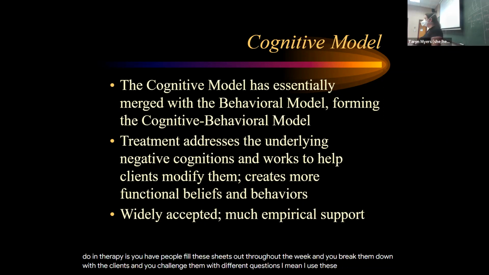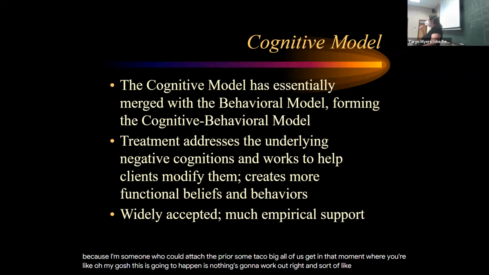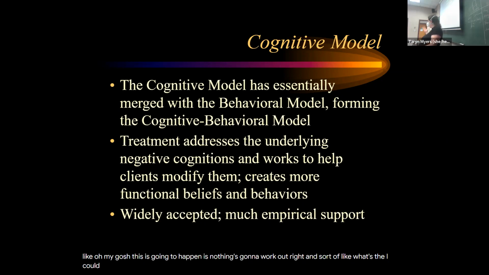I mean, I use these on myself sometimes because I'm someone who could catastrophize sometimes. I think all of us get in that moment where you're like, oh my gosh, this is going to happen and nothing's going to work out right. And it's sort of like, what's the absolute worst thing that could happen? And could you survive it if it did? What's the best possible scenario?